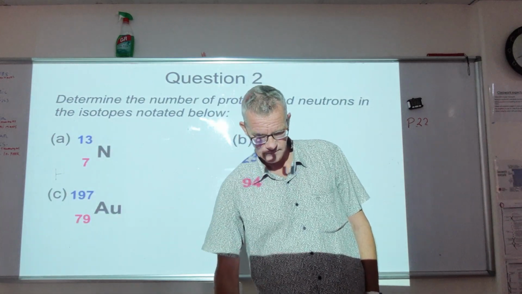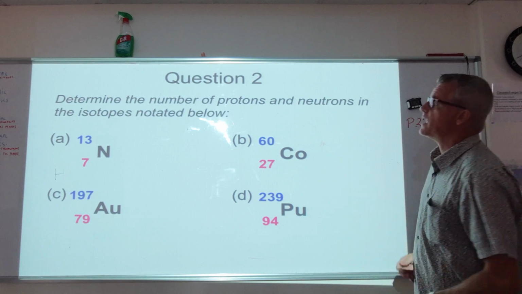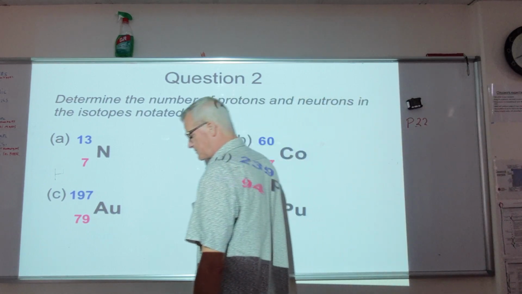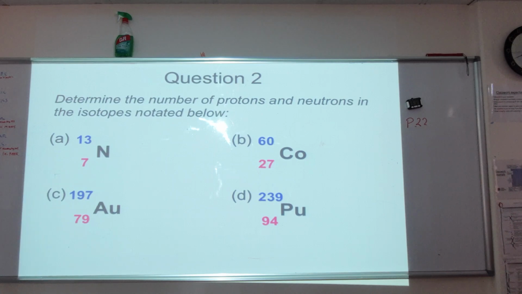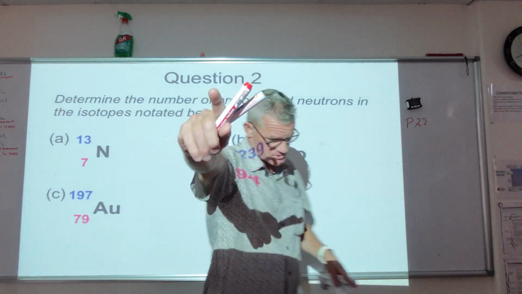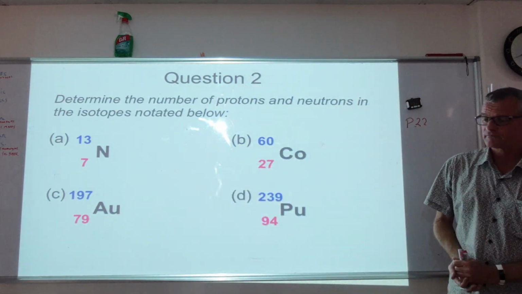Okay. Let's look at this question. So I would recommend you to pause the video now and determine the number of protons and neutrons in the isotope table. So pause it, write it out, and I will give you the numbers.